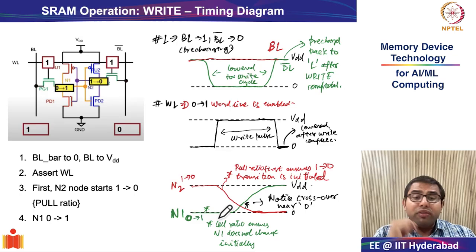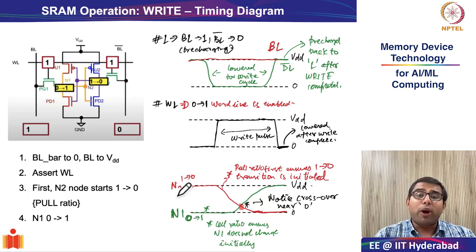Okay, so a couple of interesting points that might be worthwhile discussing: since N2 discharges first from 1 to 0 and then N1 starts charging up, just notice that the crossover point, where the values of N1 and N2 are equal, will obviously happen close to 0 value. So this crossover will happen close to 0 value simply because the N2 transition from 1 to 0 is initiated first. This is the first very interesting point.